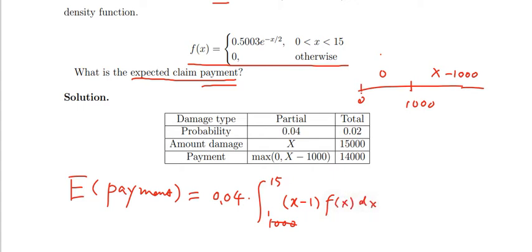Then plus the total damage, with probability 0.02, and then its payment is this.